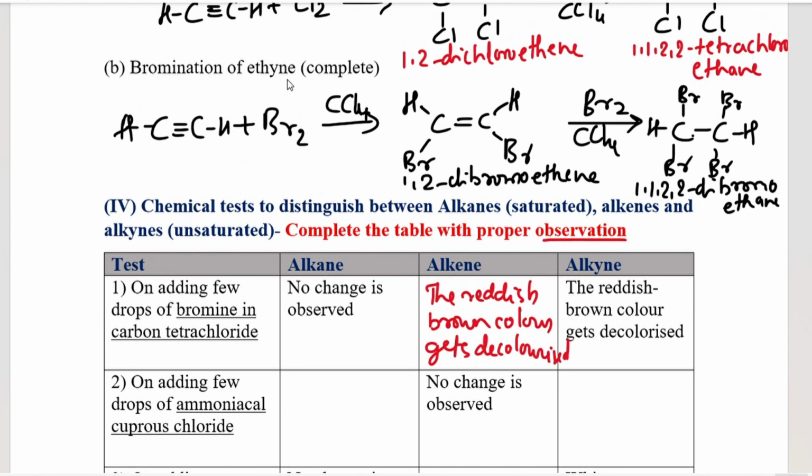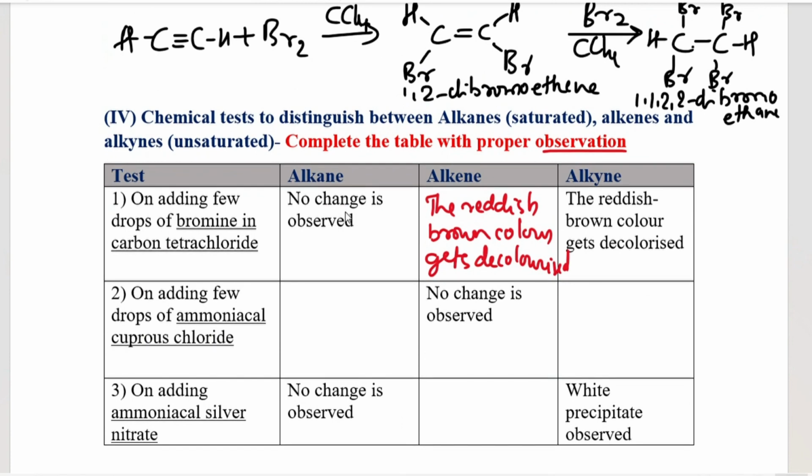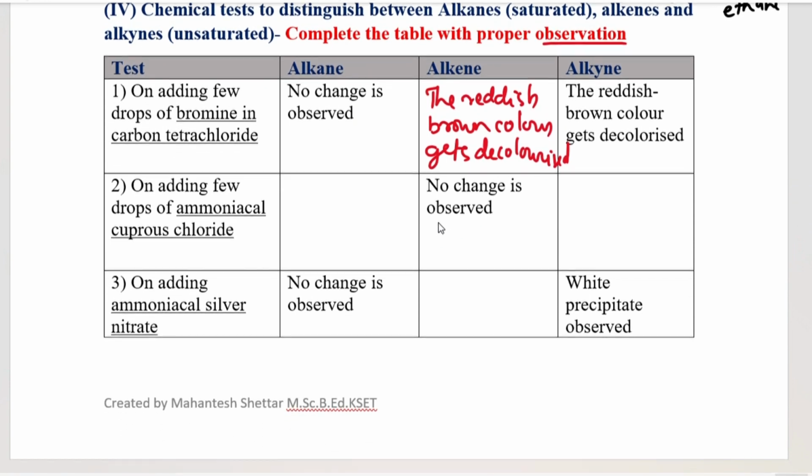Bromination, what we just studied. Bromination of ethyne, bromination of ethene. Bromine in CCl4 is reddish brown. Once it gets added to the double or triple bond, it becomes decolorized. But alkane has no unsaturation, so it will not change the color of bromine. This is how we distinguish between alkane and alkene or alkyne, or you can say saturated and unsaturated compounds.